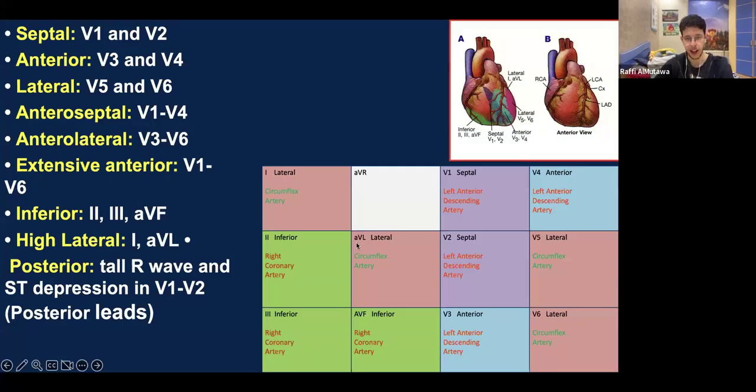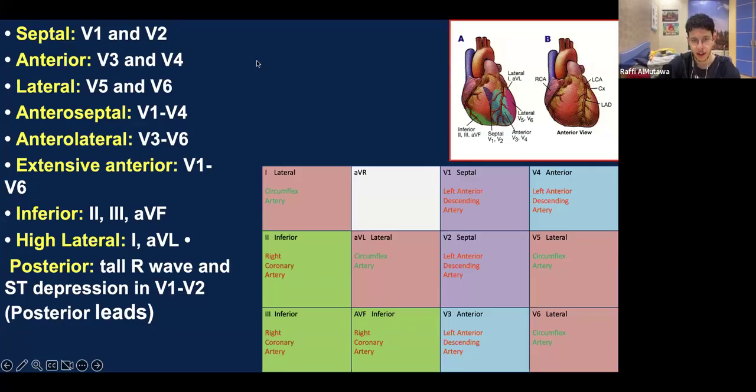So V2 and AVL. If there is an ST elevation in V2 and AVL, it's also not, because again, these aren't consecutive leads. So consecutive leads means V1 to V4, V5, V6, 1 in AVL, 2, 3, AVF. These are consecutive leads, right? So remember that.